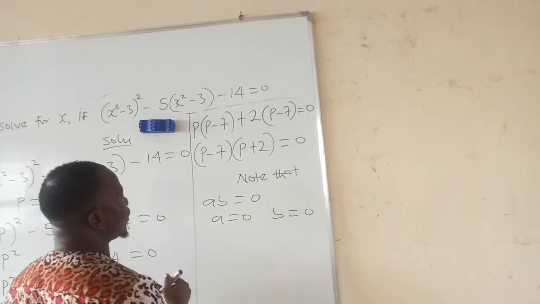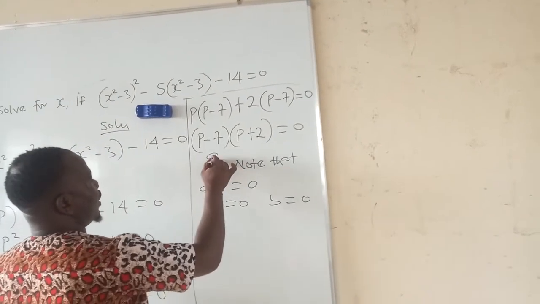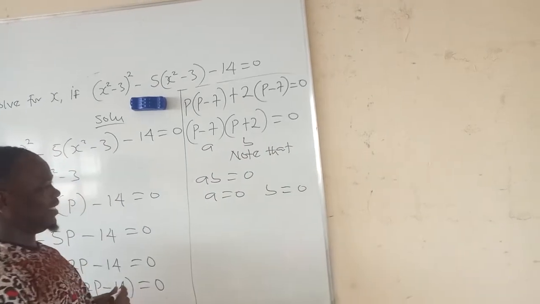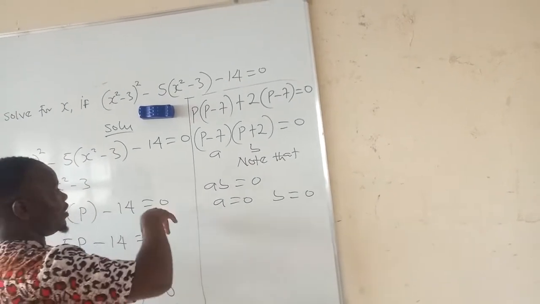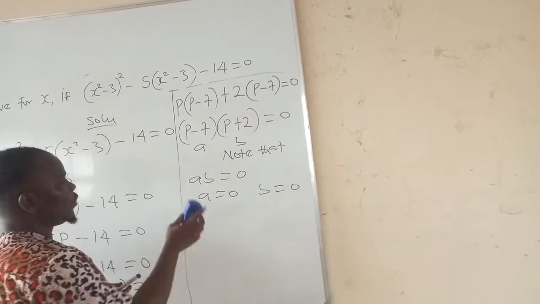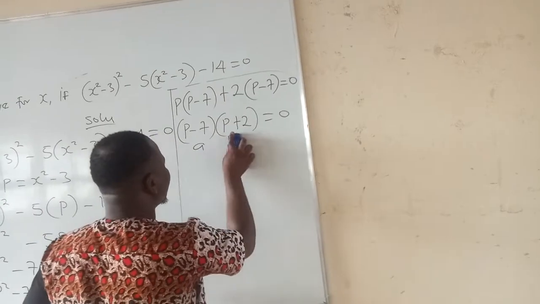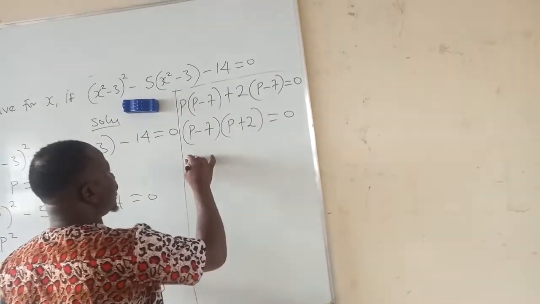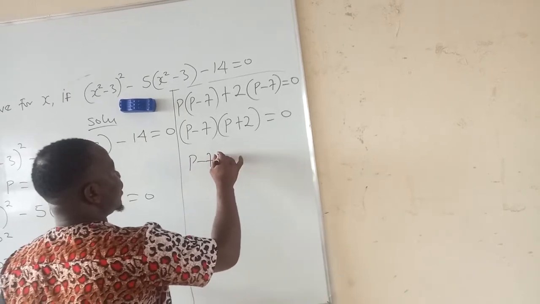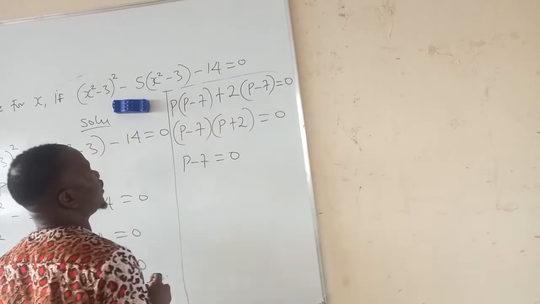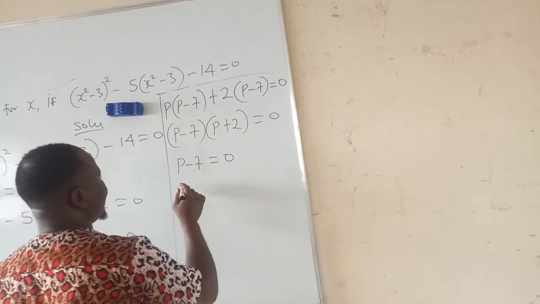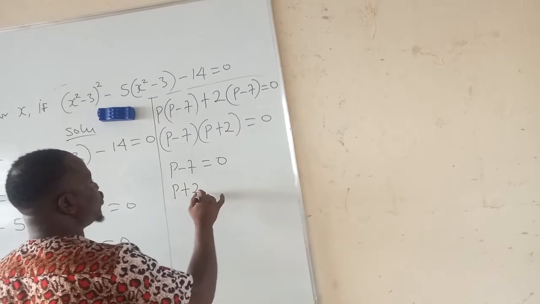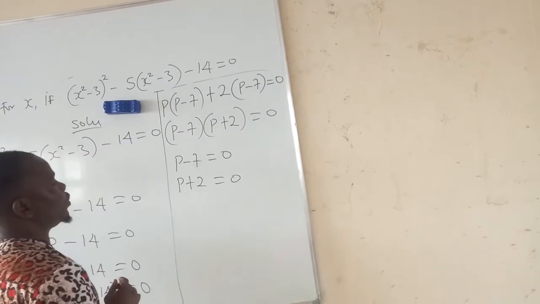So now, without one telling you, know that this is our A and this is our B. That is what I'm trying to do. Are you following? Okay. So if you agree with me, this implies that p minus 7 is equals to 0. Is that clear? And p plus 2 is also equals to 0.